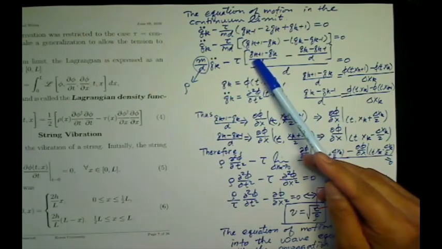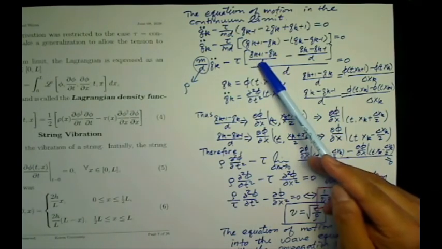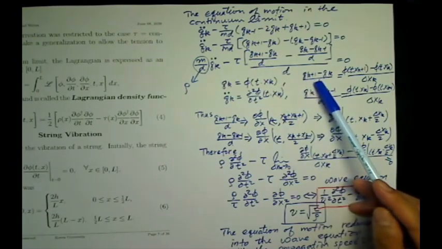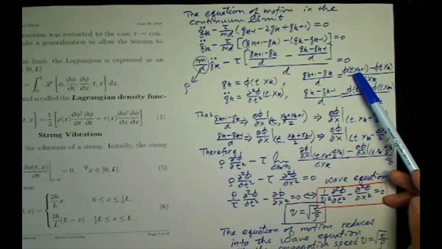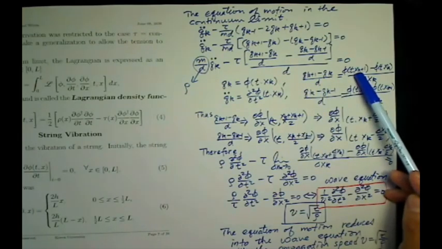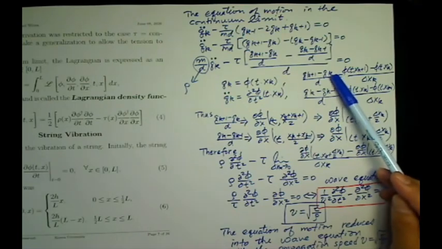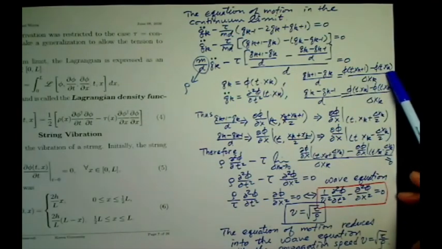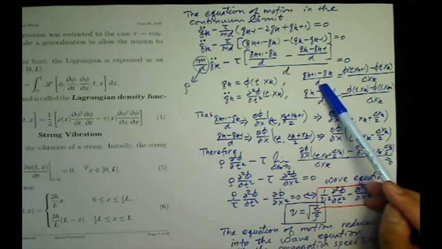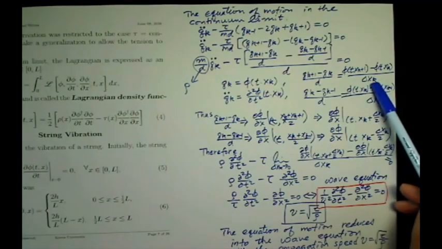We notice that this first term in the numerator is actually to be replaced with the scalar field at position xk plus 1. And this is the same thing except at position xk. We know the spacing is d, so the d is to be replaced with delta xk.